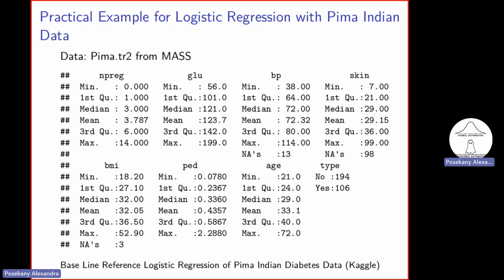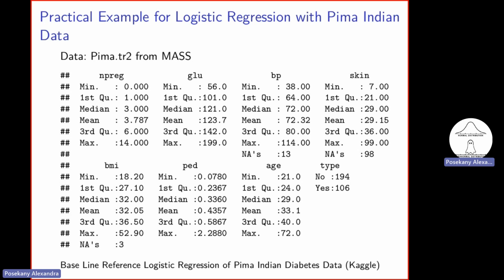So it's all women, which is also the reason why the number of pregnancies is a variable in this data set, as well as glucose levels, blood pressure, the thickness of skin on your upper arm. So someone with a lot more medical knowledge than I can tell you how this is related to measuring body fat or something like that.